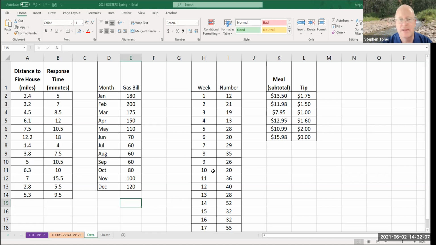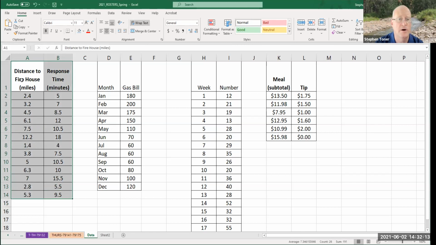And I've made up some data sets here, and I'm going to use this first one where I have data dealing with a distance to a firehouse in miles and the response time. Now, I made these values up, and I basically thought of 2 minutes for every mile. So I roughly doubled these numbers, and then I just made them a little higher and lower to vary the data out a little bit. So that's how I made up this data right here.